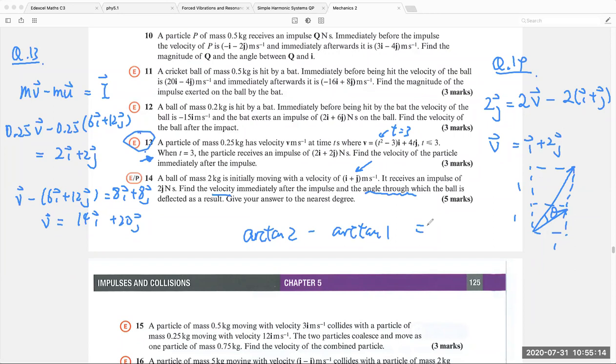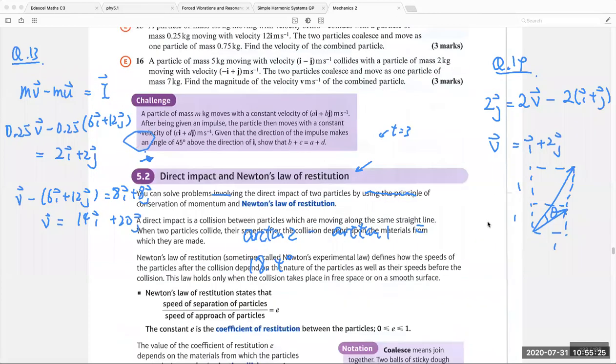In terms of degrees, you can get the answer to be 18.4 degrees. Okay, no question, then let's go on to the next section.